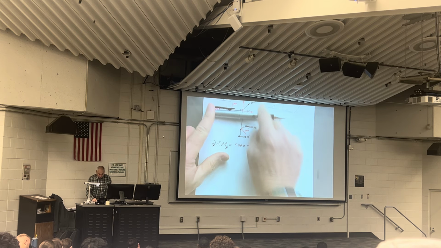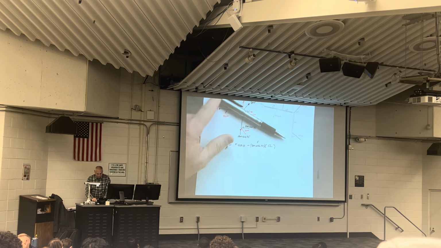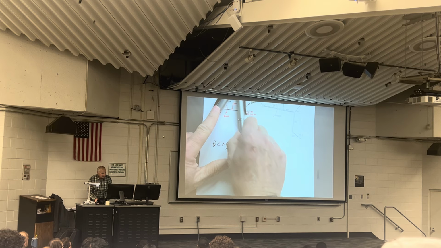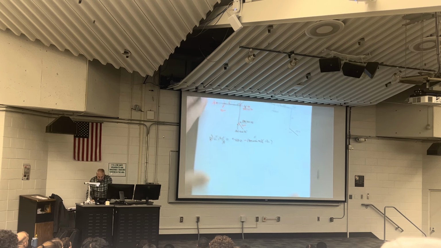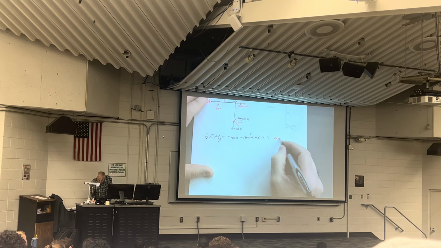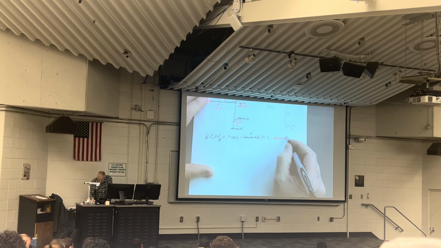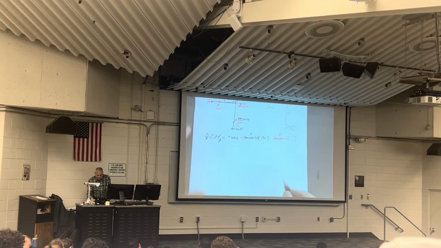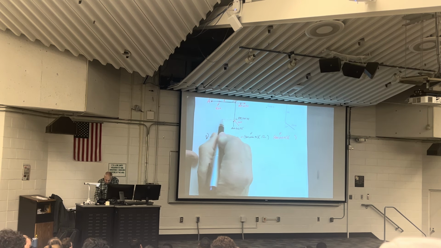Think of it as, here's my index finger, here is A. I'm pushing here like this. That is counterclockwise. 200 sine 55. There's the force, times the distance. Here's its line of action.